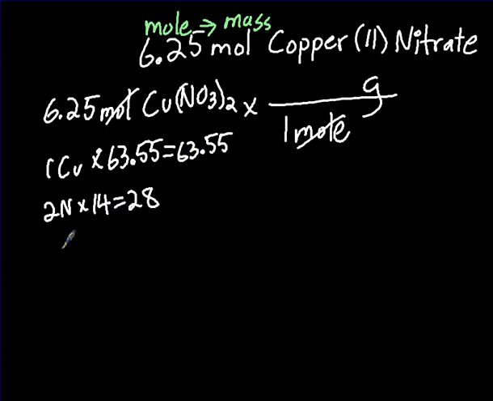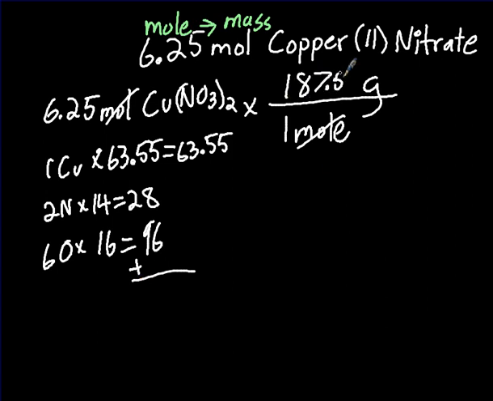And we got 6 oxygens, times 16. Yeah, mass of oxygen is definitely 16. So that just comes out to 96. So add those 3 up, and you get 187.55.